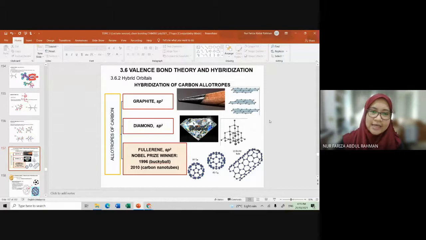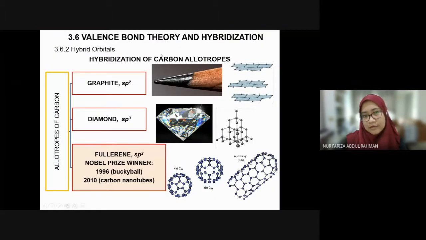Okay guys, hybridization of carbon allotropes. Again, why carbon? Of all the elements on earth, why carbon? Because carbon is one of the most abundant, in fact the most abundant element.